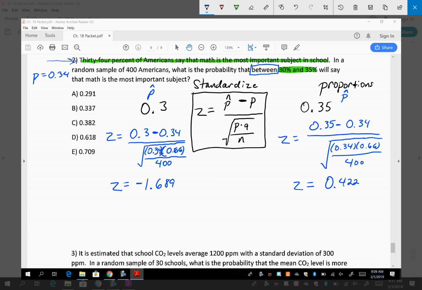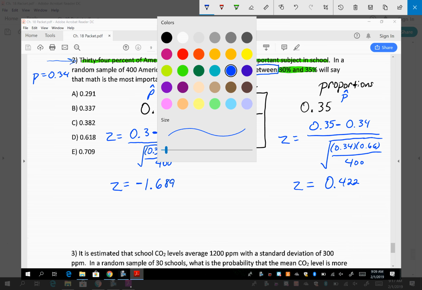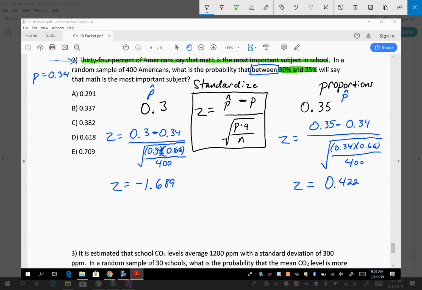Okay. So now I want you to sketch what this looks like. If this is our curve, we need to put a line to the left of 0 at z-score equals negative 1.689, and to the right of 0, z equals 0.422, and I'm shading between.